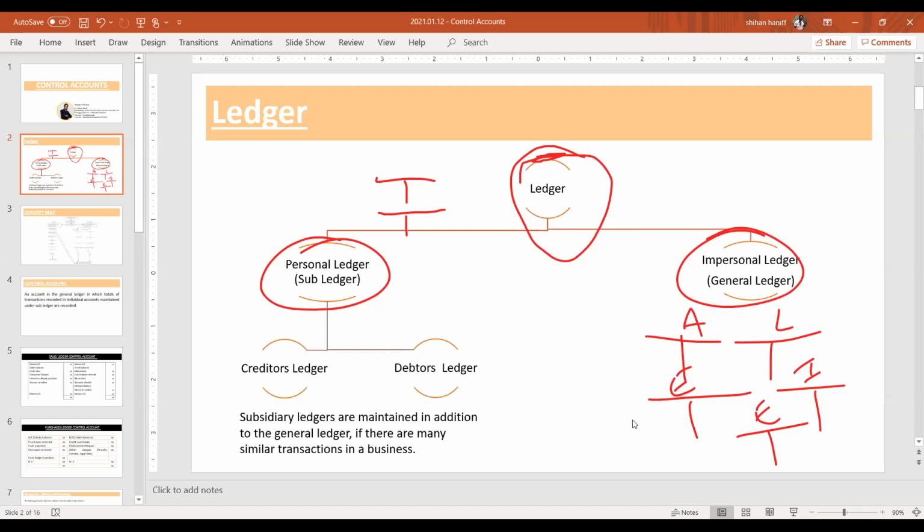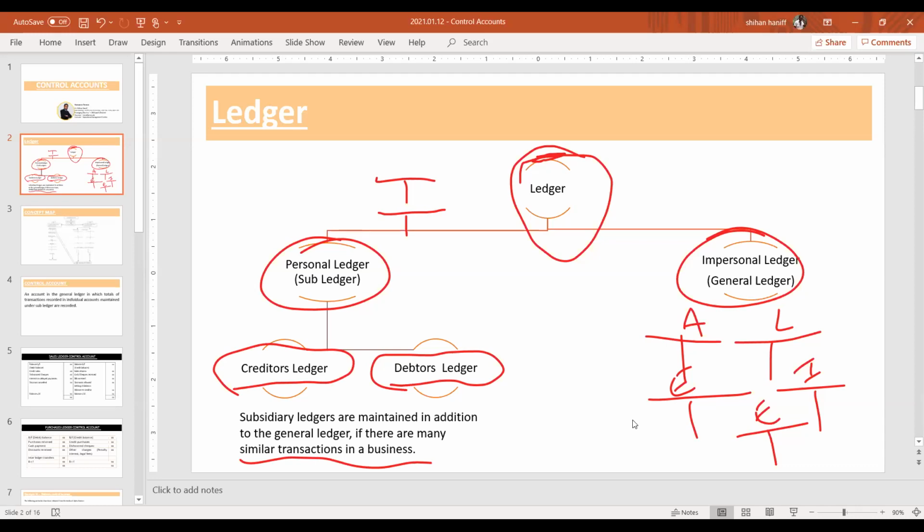For example, for customers or debtors, they will prepare the debtors ledger. For creditors, suppliers, they prepare the creditors ledger. So subsidiary ledgers, which we call sub-ledgers or personal ledgers, are maintained in addition to the general ledger if there are many similar transactions in the business.